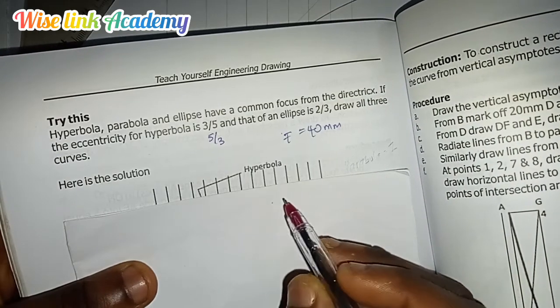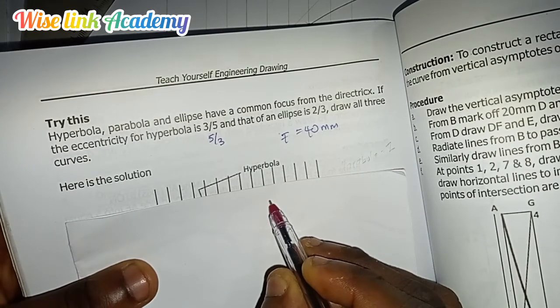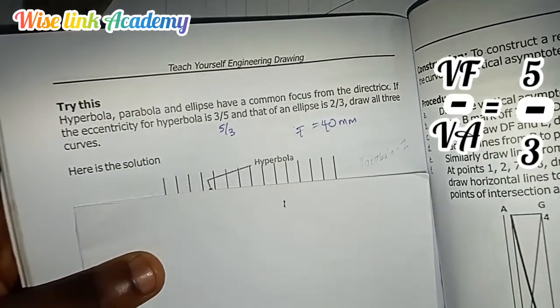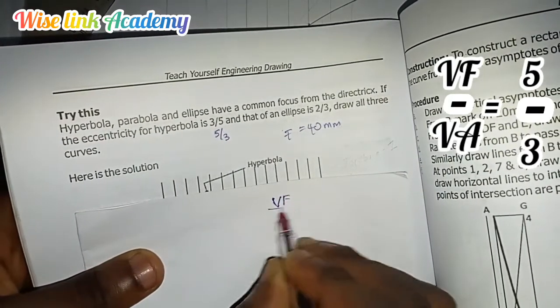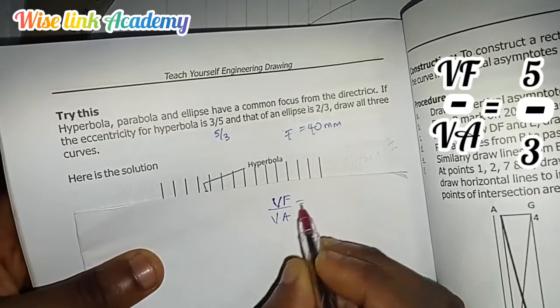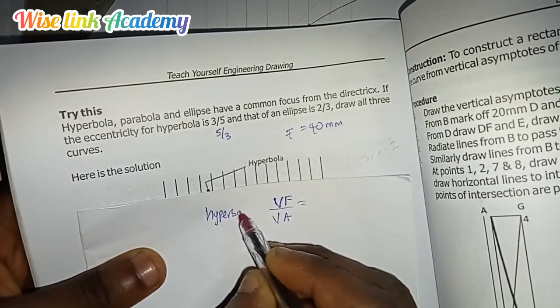So the formula for drawing this is VF over VA. That is for hyperbola.